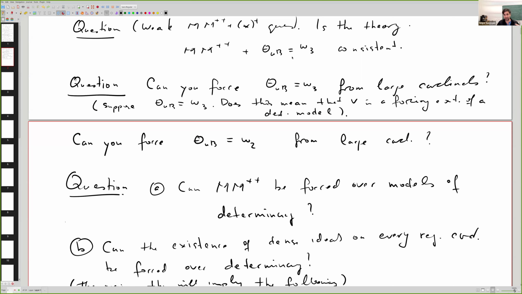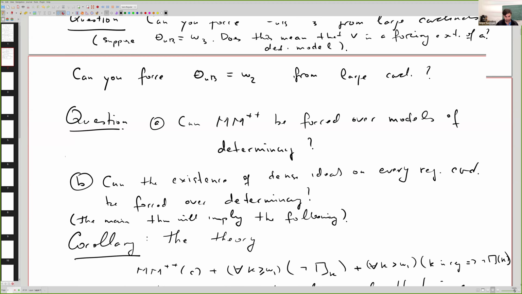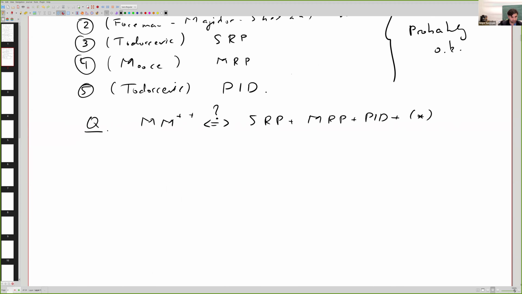If you start adding reals, then you have no control of what happens to theta, right? So we want the forcing to be omega closed. So this is another thing I should say, or remark.